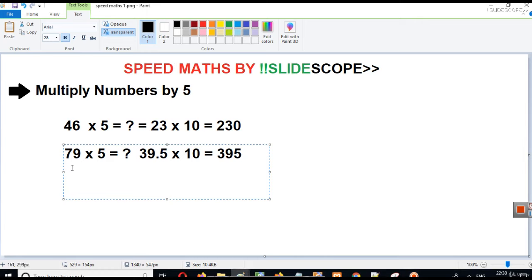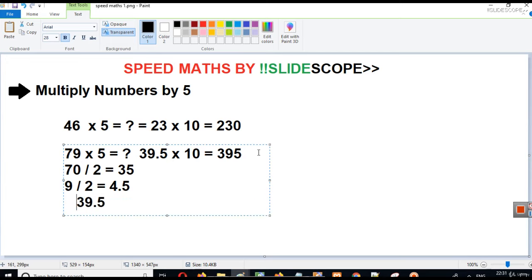To divide any number by 2, there is also a trick. Suppose for odd numbers like 79, there is a simple trick of getting its half. Get half of 70, which we can get very easily. It will be 35, and then 9 is remaining. Half of 9 is 4.5, and the sum is 39.5.